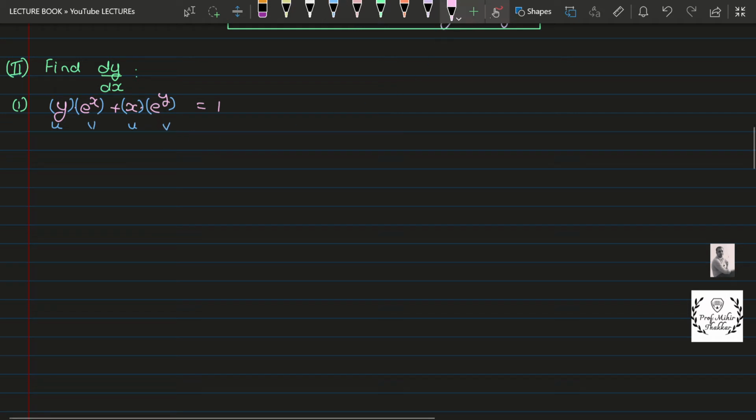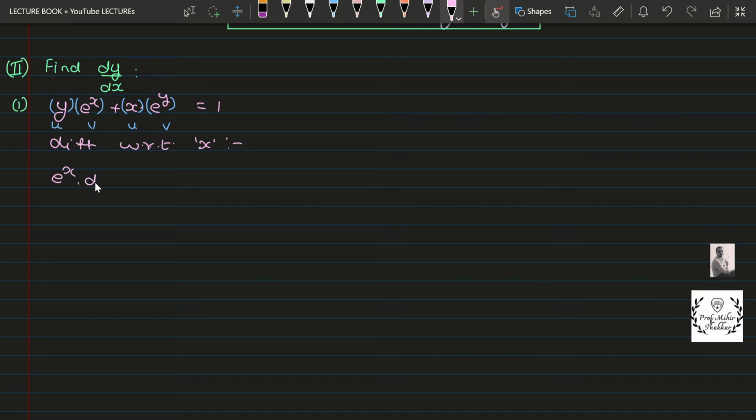So because I want to find the derivative, I have to write over here differentiate with respect to x. So it is v, that is e raised to x into derivative of y.